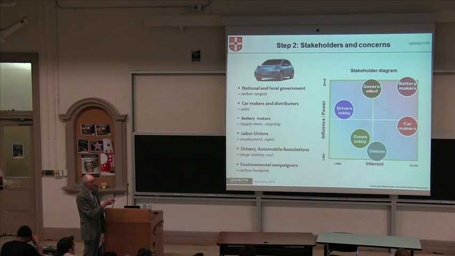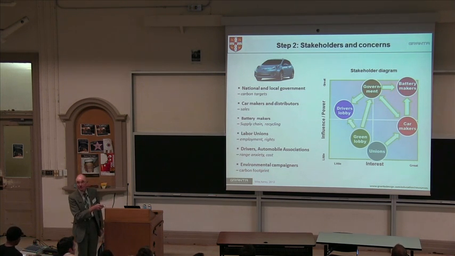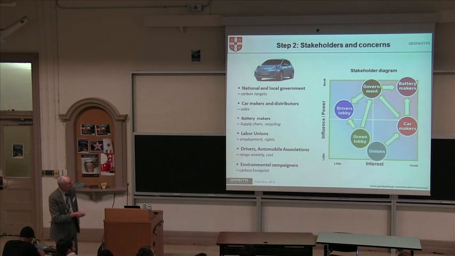Government at the moment, in most Western countries at least, is trying to influence battery makers, subsidizing research on batteries. It's pressing car makers to make electric cars. It is subsidizing electric cars to help drivers buy them. Meanwhile, the green lobbyists are trying to persuade drivers that that's a good idea and pressing government even harder to make it happen, and so on.